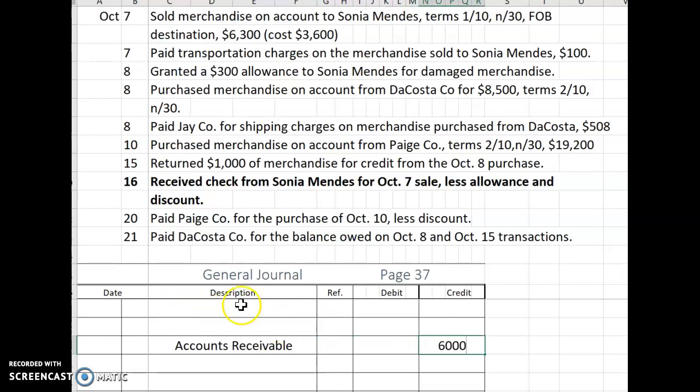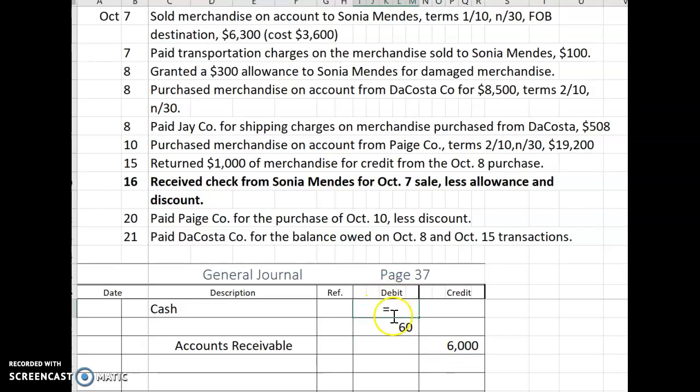We're going to be debiting cash because she's paying us. Well, how much is she going to pay us? The terms were 1/10, n/30. That was on the 7th. We're getting the check on the 16th, so we're getting it within 10 days. So she gets to take a discount of 6,000 times 1%, $60.